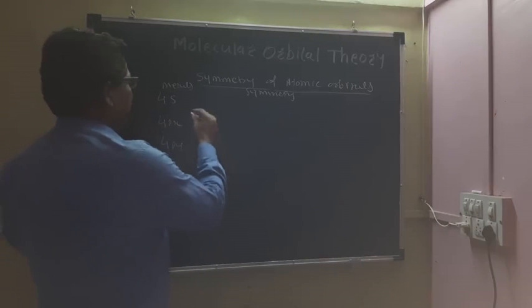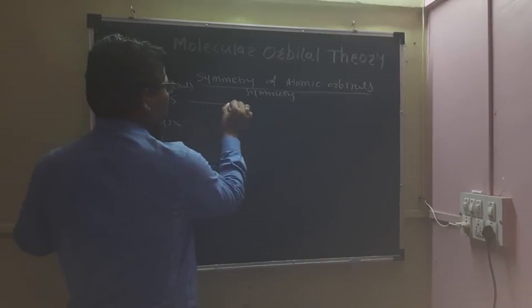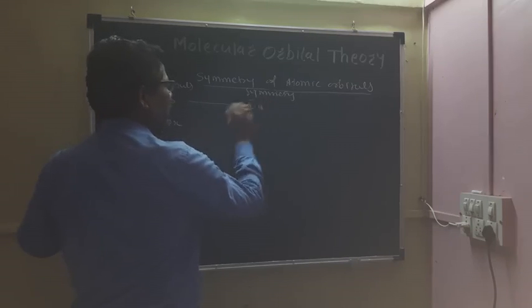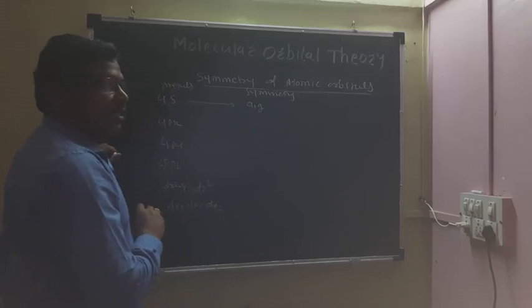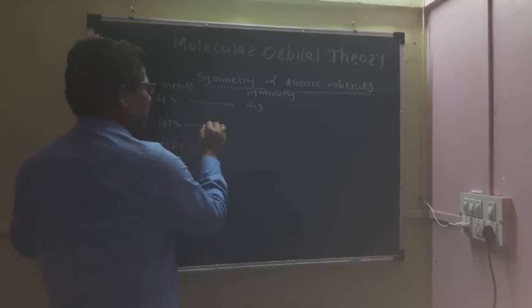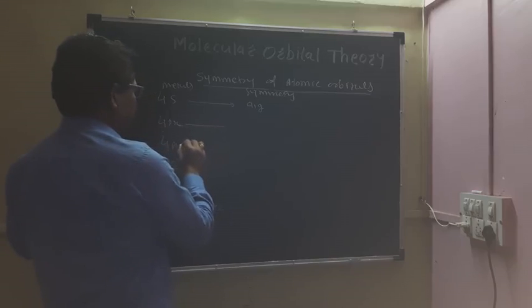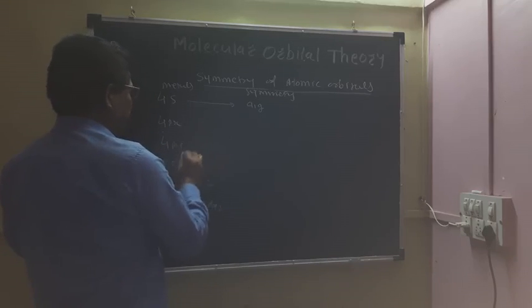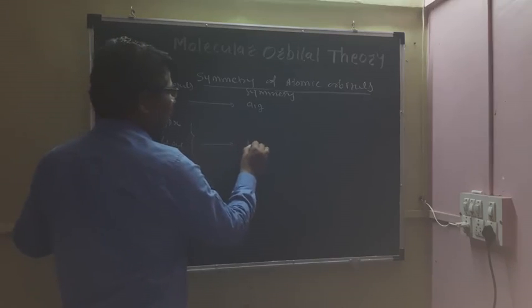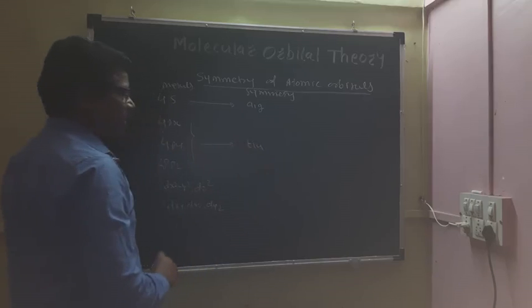According to group theory, the 4s orbital is denoted as the A1g orbital, and the 4px, 4py and 4pz orbitals are known as the T1u orbitals.